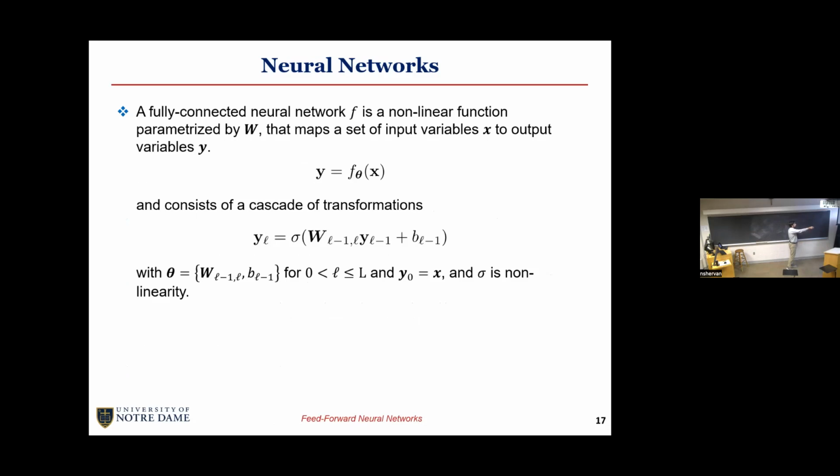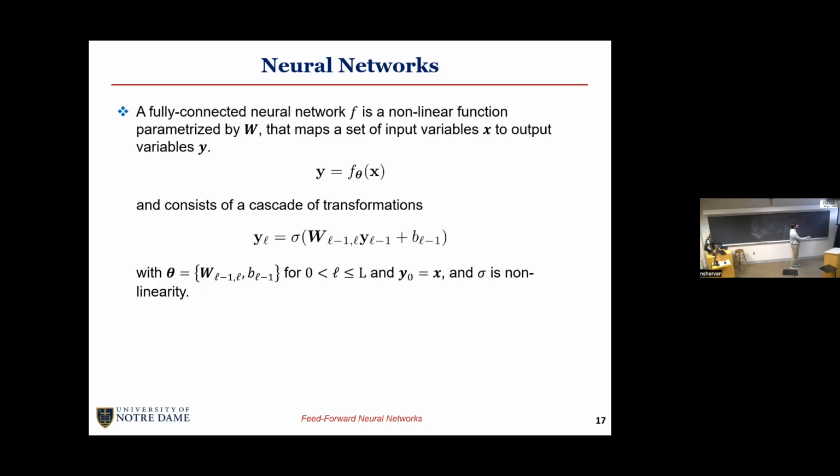We can show these layers with the inputs: we call it layer L, and I have the inputs to layer L called Y L minus 1 and the output called Y L. We give the input, we apply some transformation on this, and then we apply some nonlinear layer.